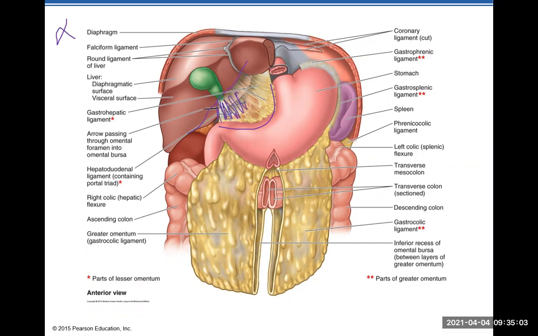This is called the lesser omentum, which is again a double-layered peritoneal membrane. Now you might think, what is the function of it? The lesser omentum is a peritoneal membrane which connects my liver with the stomach, isn't it?